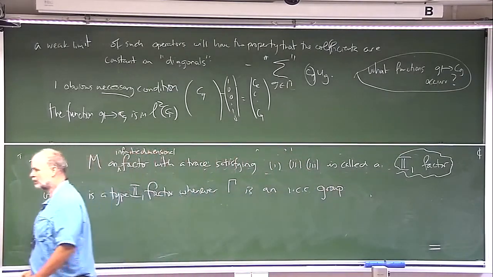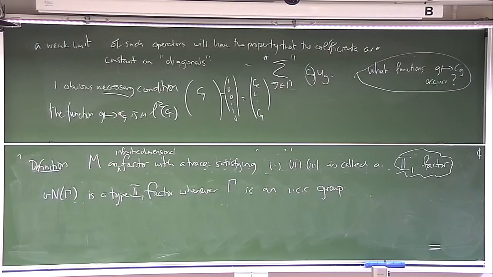Remember, polynomial algebra of gamma was this very simple, really quite naive construction of taking the left regular representation and taking the polynomial algebra generated by it, linear combinations whose matrices have very nice form.